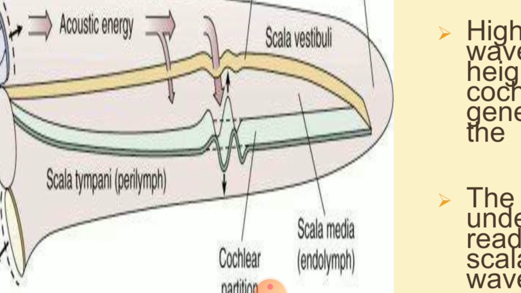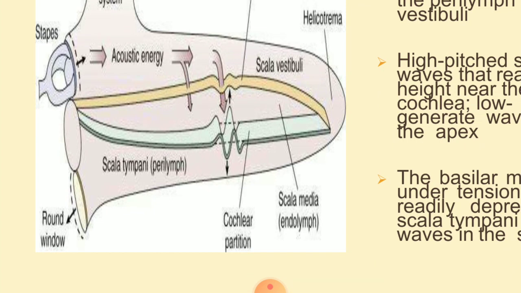Now these sound waves gradually pass to the helicotrema, that is the apex, and ultimately pass on to the round window and give rise to bulging of the round window towards the middle ear cavity, so that the pressure wave by the sound energy can be accommodated.